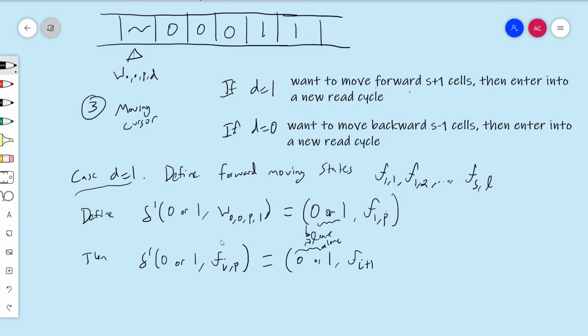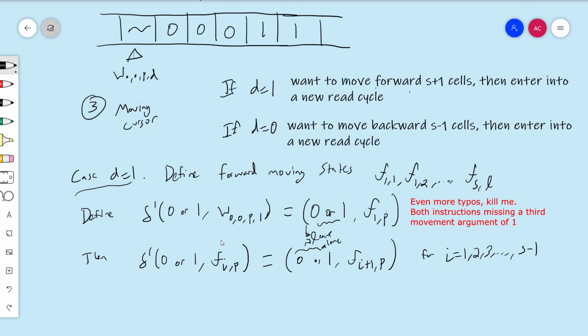F_{i+1,P}, and then leave P alone, for i equals 1, 2, 3, up to S minus 1. And so that is going to get me up to S, even though I'm only defining it up to S minus 1 because I've incremented. So when I get to S equals 4, in my case, then this command will tell me to jump to F5, and then I'll have one more thing to do, which will be transition into the write state.